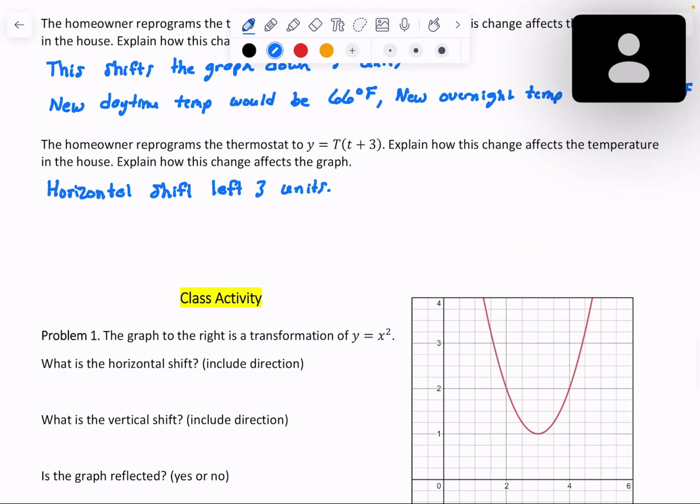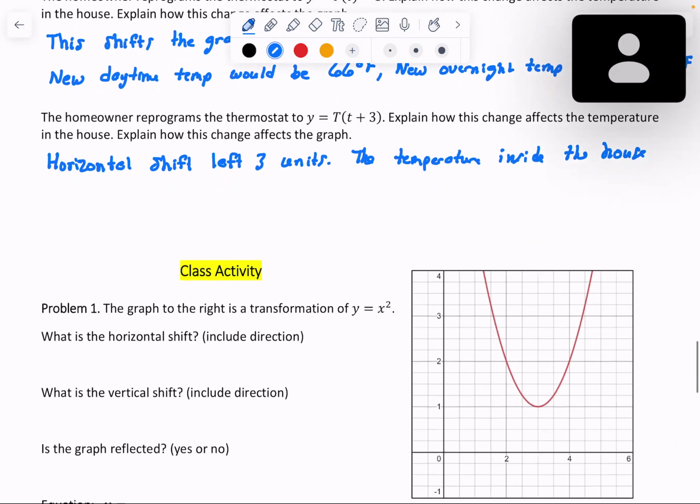So then the temperature inside the house, in this case, wouldn't be measured in hours after midnight. It would be measured by number of hours after what time?